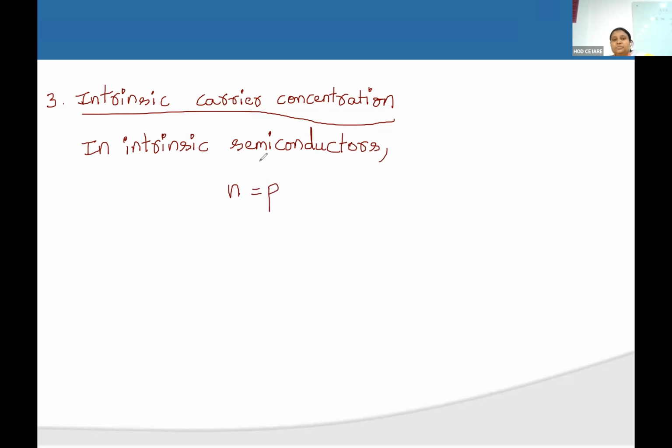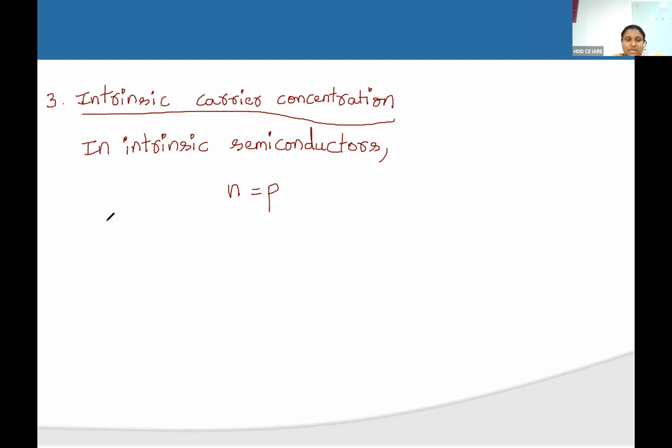What is N? Electron carrier concentration, the number of electrons per unit volume in the conduction band. What is P? The number of holes per unit volume in the valence band. And we know that only in an intrinsic semiconductor, the number of electrons and the number of holes are equal. So that's why we are taking N is equal to P.